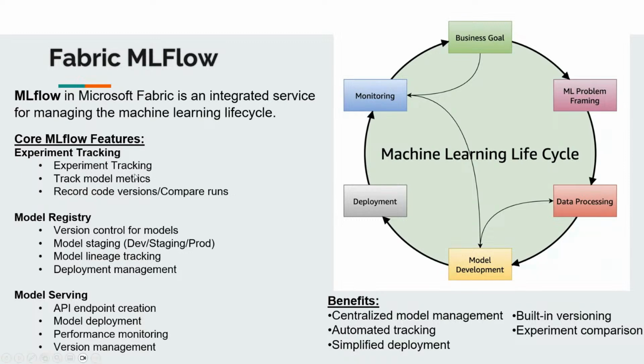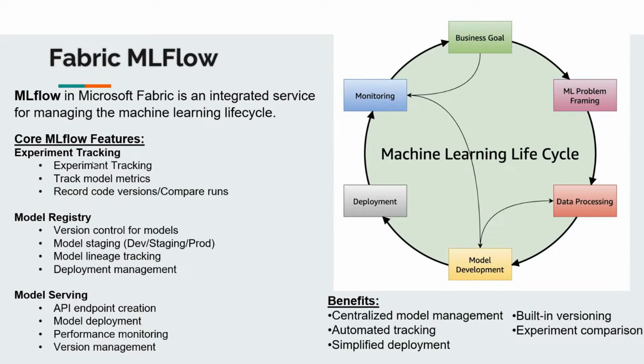You can track these, track model metrics, record code versions, and compare runs. Sometimes the data will change or the model gets updated with a new variable in it. You can run each one of these as a new experiment, then compare your different runs, your data profiles, and your models.